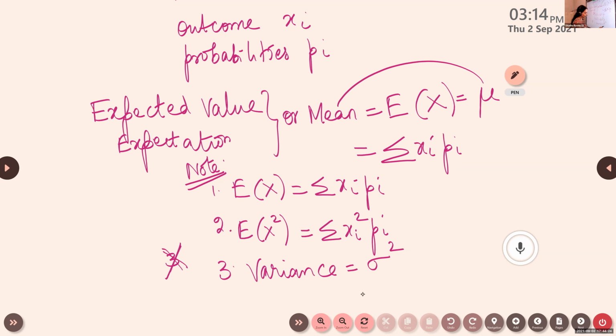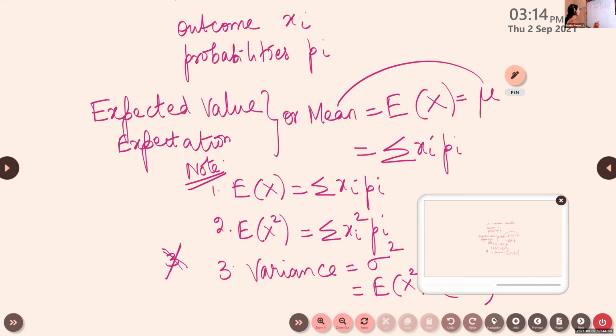It is equivalent to E of x square minus E of x, the whole square. Variance, we denote it as sigma square, and it is given by E of x square minus E of x, the whole square.